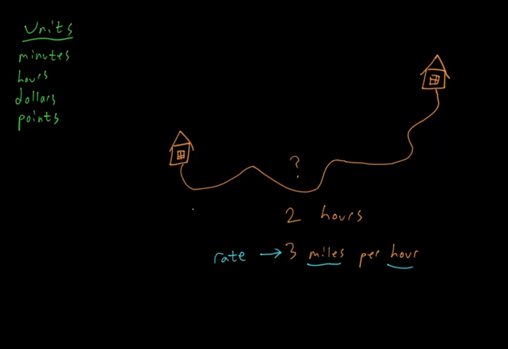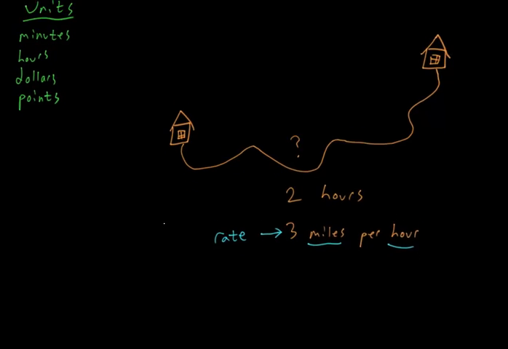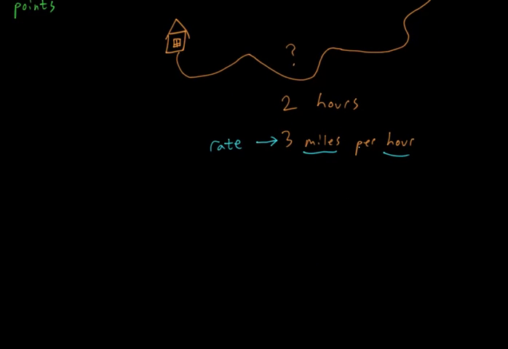So now if we wanted to solve this problem, what we can do is every time we have a rate, you can actually put that into a fraction form. So in this case, we would write 3 miles over 1 hour. And that's the same as saying 3 miles per hour.